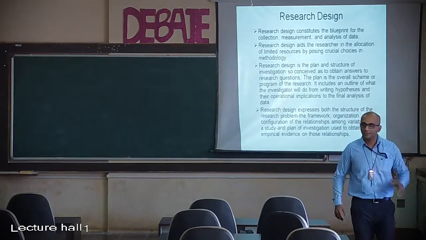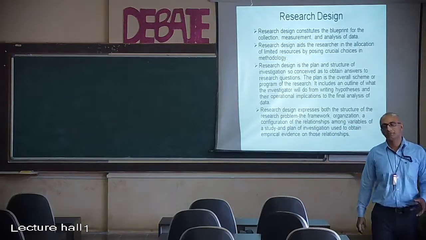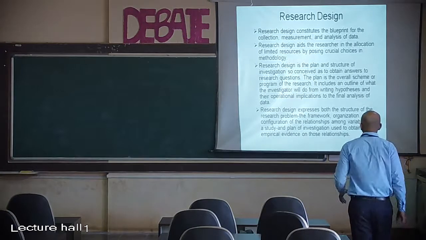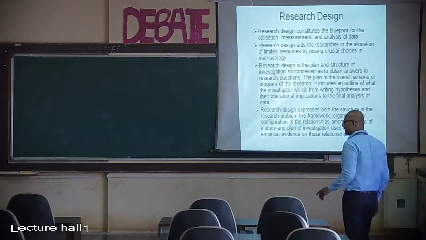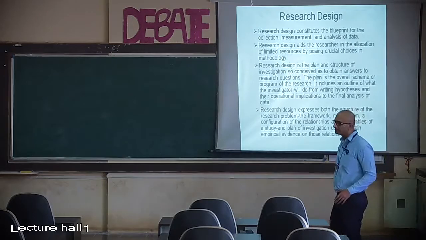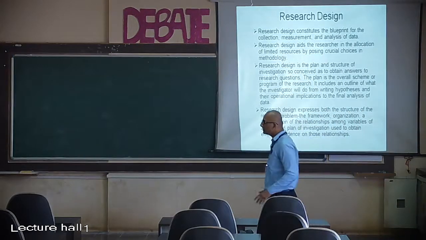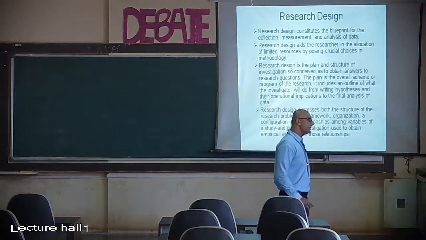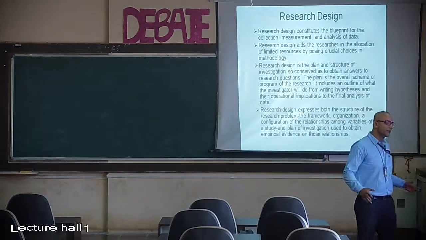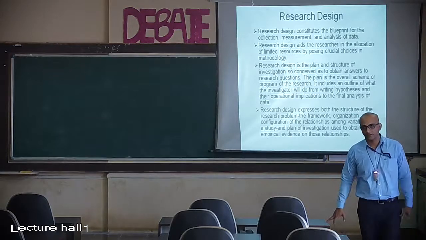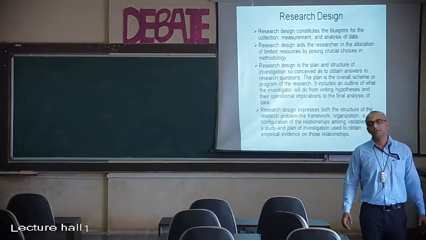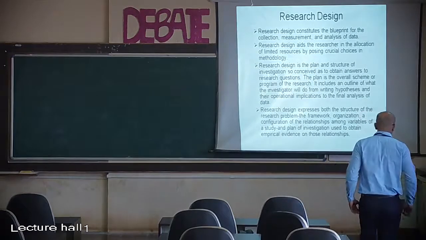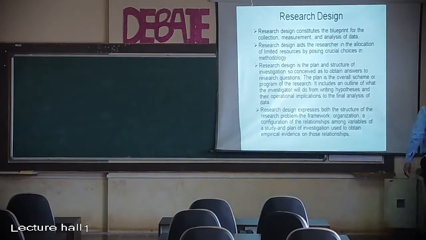We take the height of 60 students and we compare the intelligence. Intelligence is measured with the help of IQ. Now we plot IQ on the X axis, and we also plot height on the Y axis, and we see whether there is any relationship between height and intelligence. This is the kind of research that we do in business.